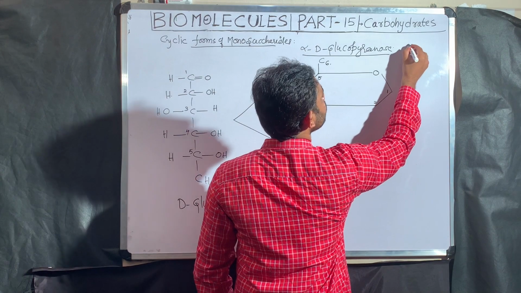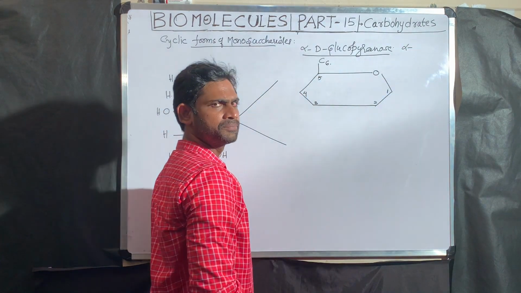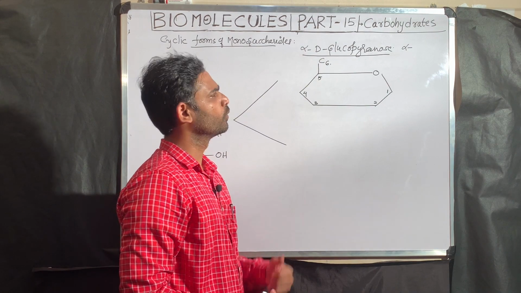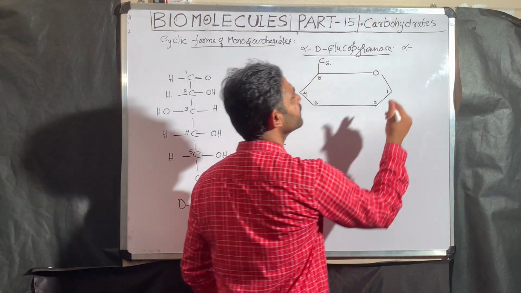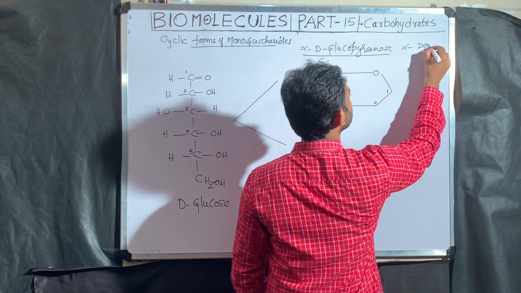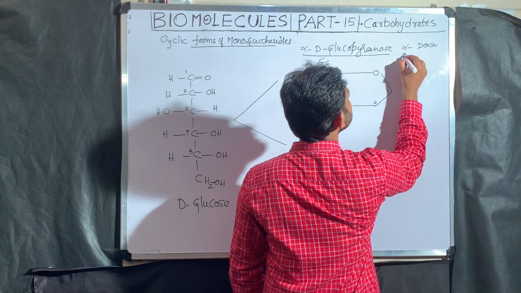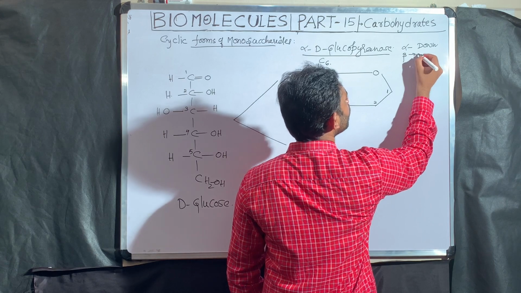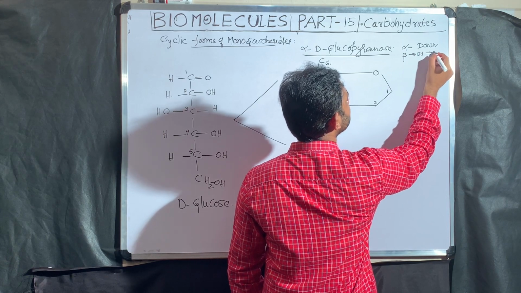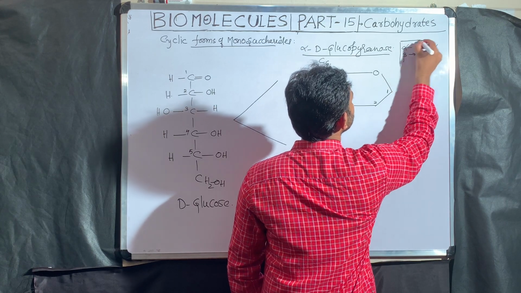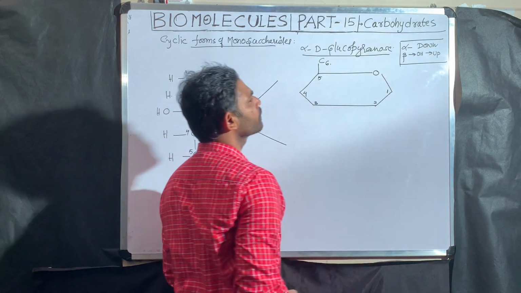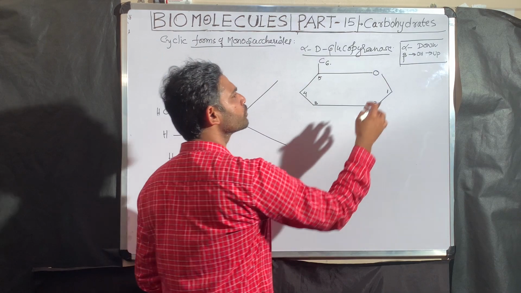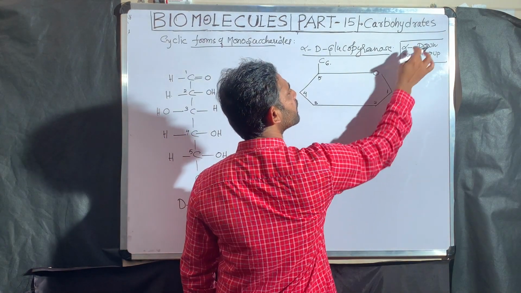If you are writing the alpha anomer, the OH group on the functional carbon is represented towards the down. If you are writing the beta anomeric form, represent the OH group towards the up. Which anomer are we going to write? Alpha anomer. Alpha anomer means the OH group on the functional carbon is towards the down.